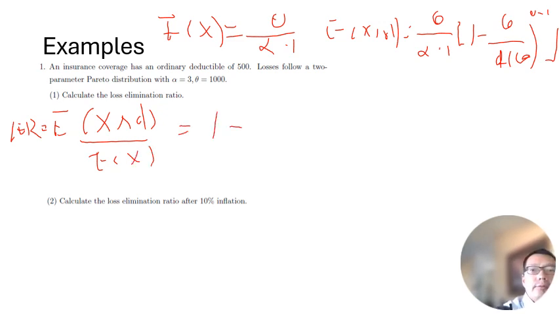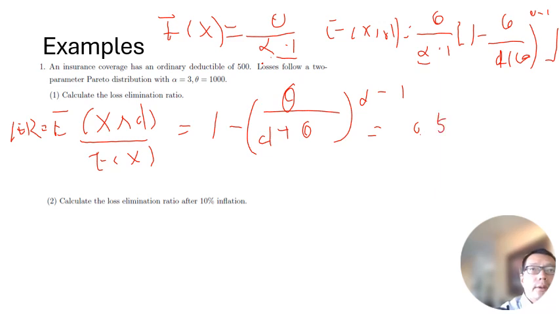Because this and this cancel off, this becomes 1 minus (theta over d plus theta) to the power of alpha minus 1. Then all you need to do is apply the numbers into this formula. You can get LER is equal to 0.556.